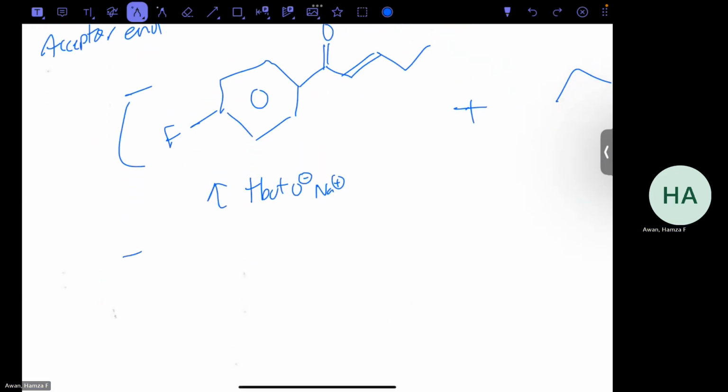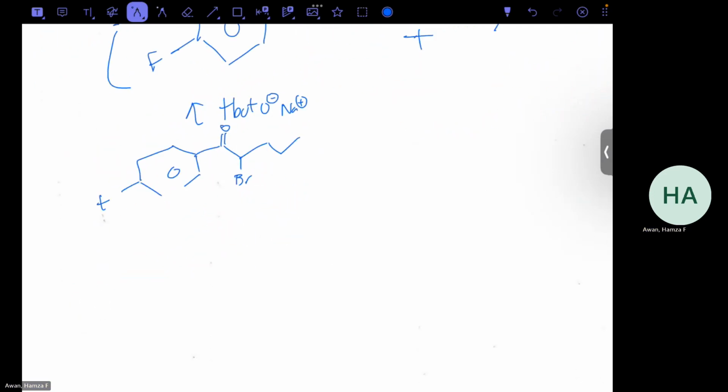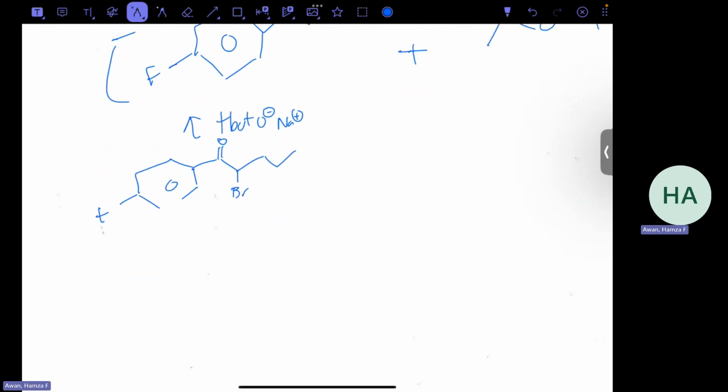So I don't know why I'm putting the brackets. If I had fluorine, then we had our double bond to the oxygen. I can put my bromine right here, right? And so notice how we have an allylic bromine that's going to be close to the, this is an F, is going to be close to the ketone, right?